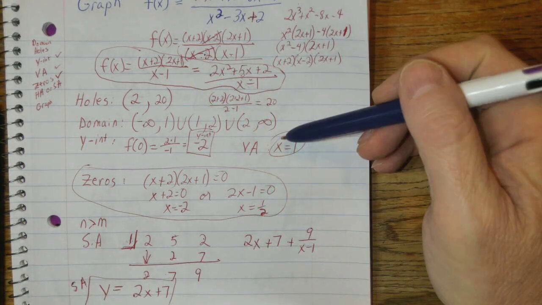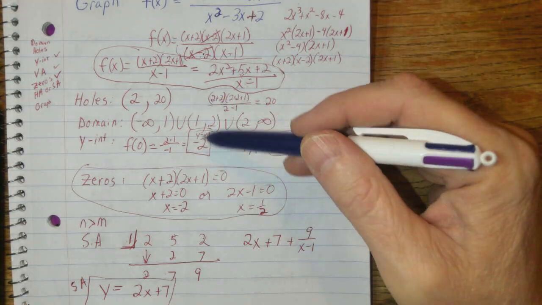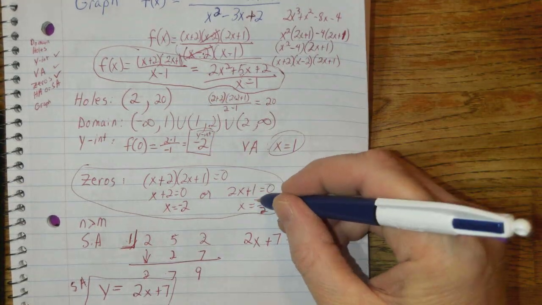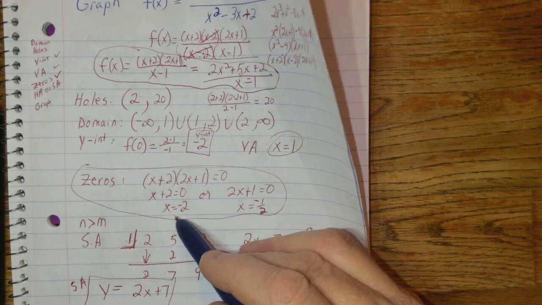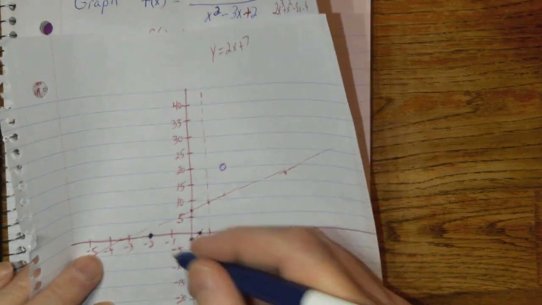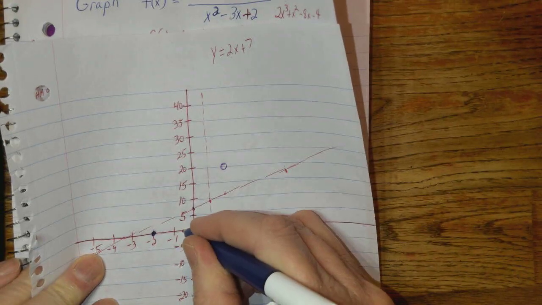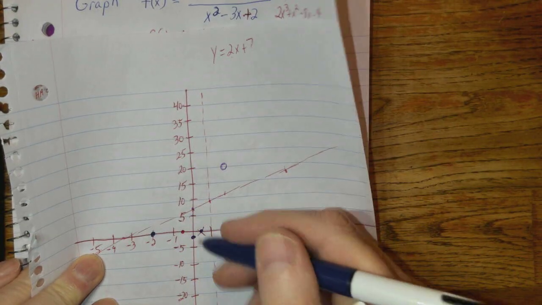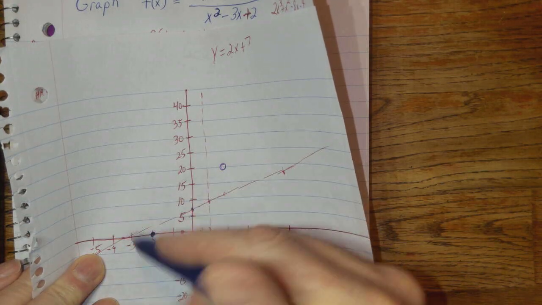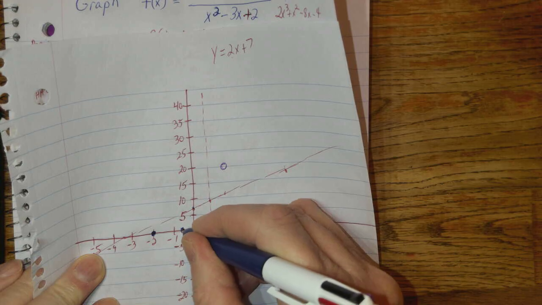I think it's 2x plus 1. Okay, so this is negative 1/2. I think this one's okay. So that's not the zero. The zero is right here at negative 1/2.